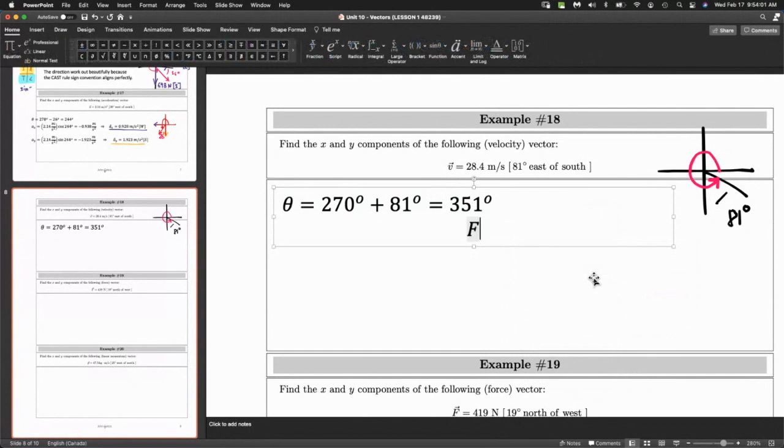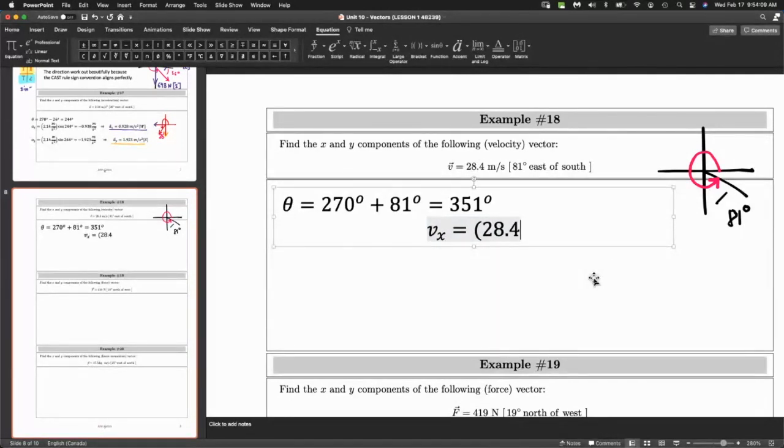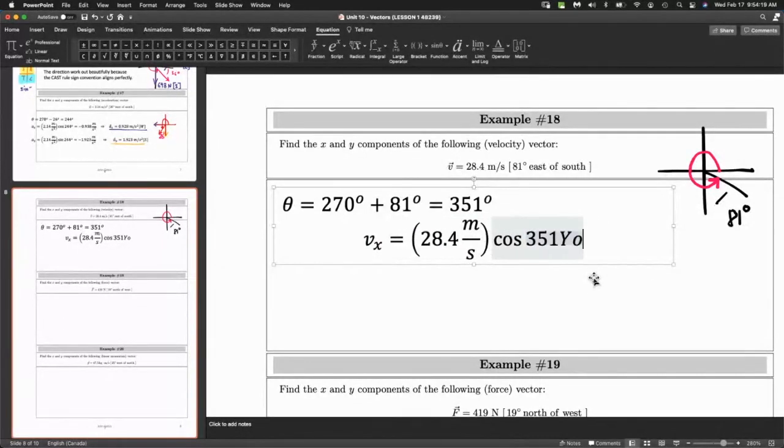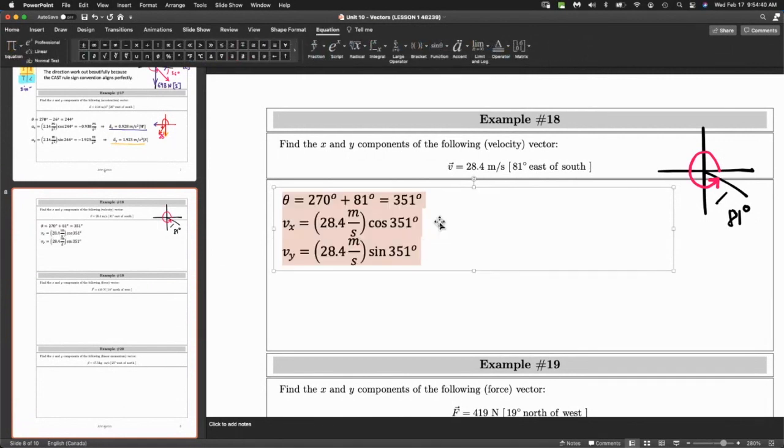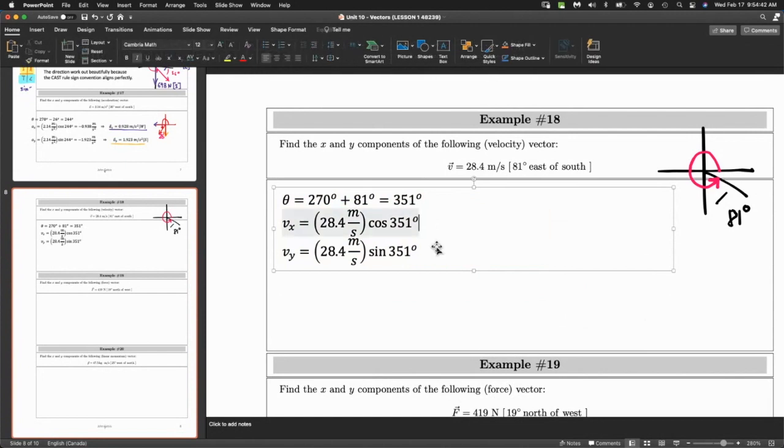So then you have Vx. Vx is going to be 28.4 meters per second cos 351. And Vy. I hope that you're getting the feel for that. It's a very routine thing to do now.